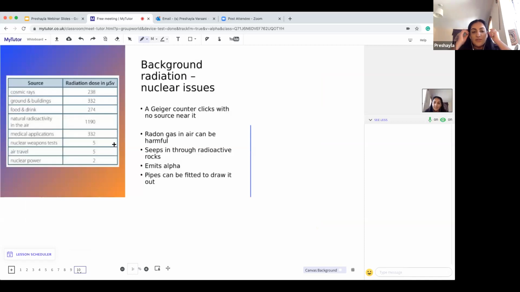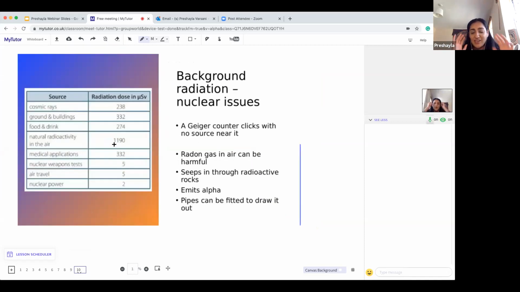Okay, so let's move on to nuclear issues. As you can see, nuclear fusion is actually not that big of a topic. All you really need to know about it is that elements heavier than iron can't fuse without some input energy. Elements lighter than iron can fuse on their own.